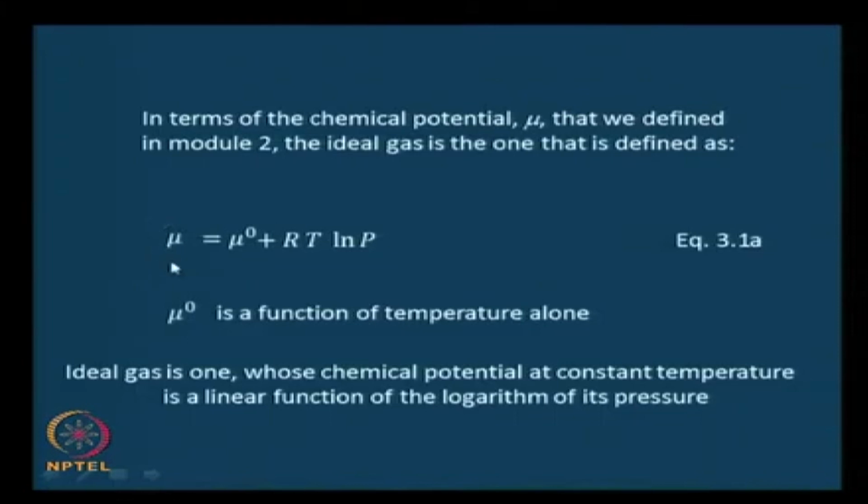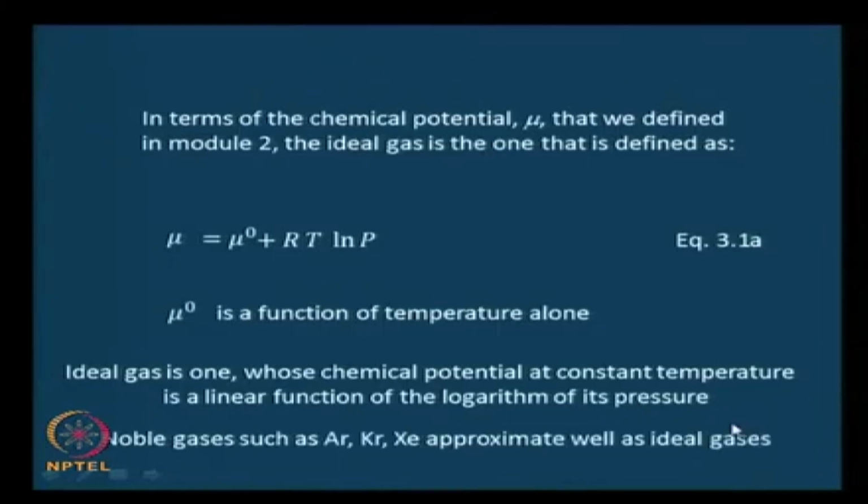This can be considered of the form y equals mx plus c, straight line equation. Therefore, if you plot y, which is mu here, versus ln P, which is x here, then you should get a straight line with this as the intercept. Therefore, the ideal gas is one whose chemical potential at constant temperature is a linear function of the logarithm, the natural logarithm, or whatever logarithm one takes, of its pressure.